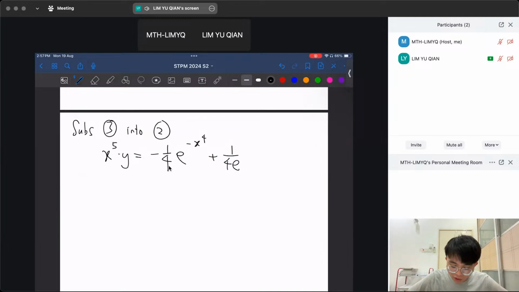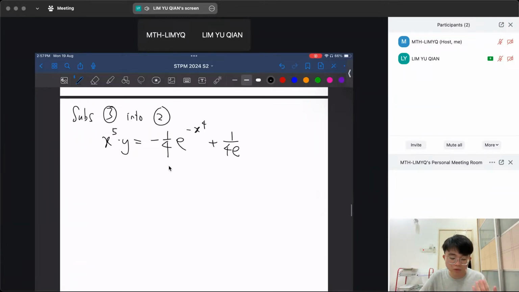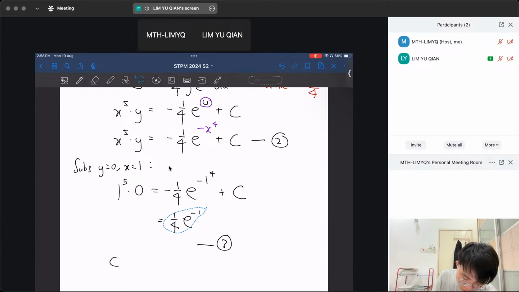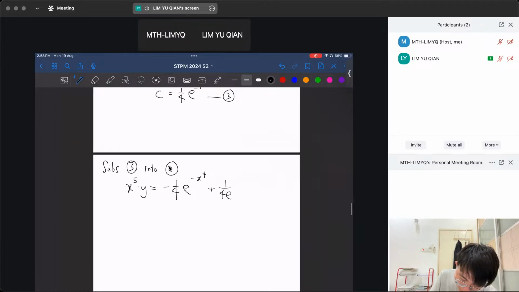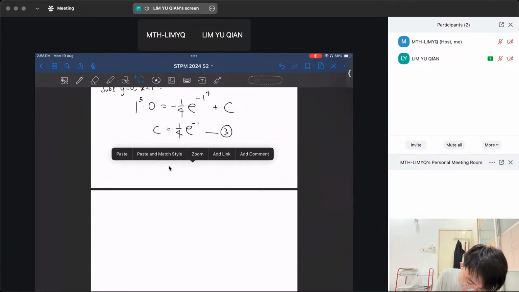No need to simplify. If you like you can write e negative 1, or 1 over e, never mind, just leave as e power negative something. So c equals this, 1 over 4, that's equation 3. Substitute 3 into 2 and get back this.